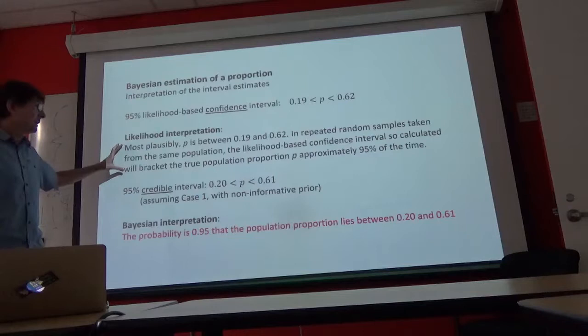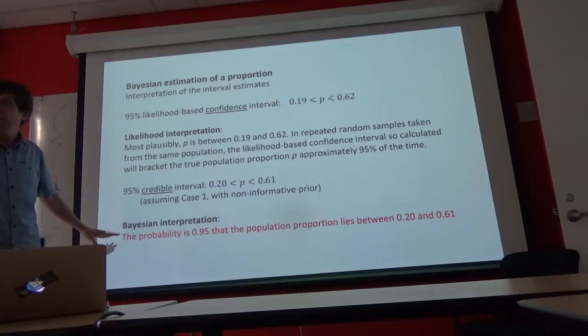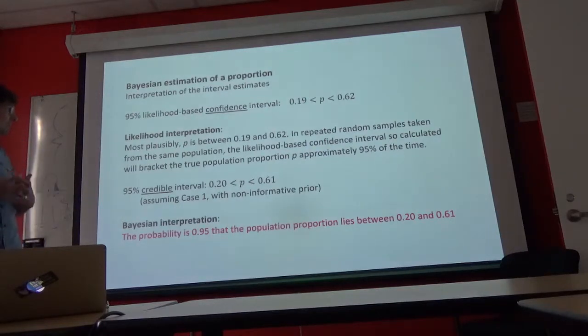But I want you to dwell a little bit on the likelihood interpretation and the difference from the Bayesian interpretation of what that interval actually means. Under the likelihood interpretation, most plausibly p is between 0.19 and 0.62. In repeated random samples taken from the same population, the likelihood-based confidence interval you calculate each time will bracket the true population proportion p approximately 95% of the time.